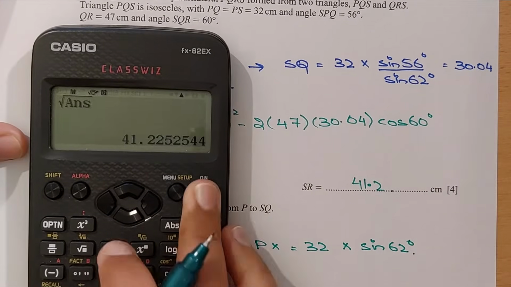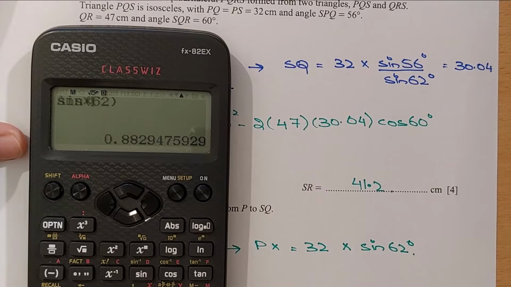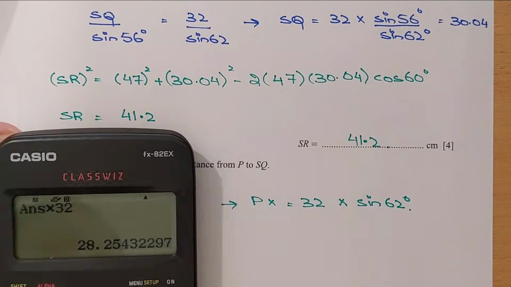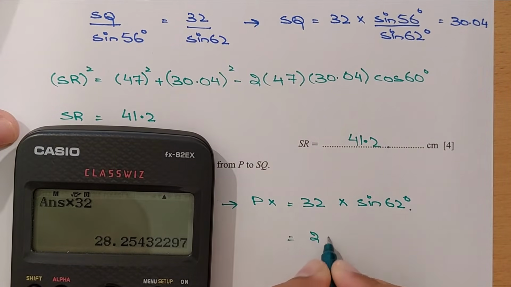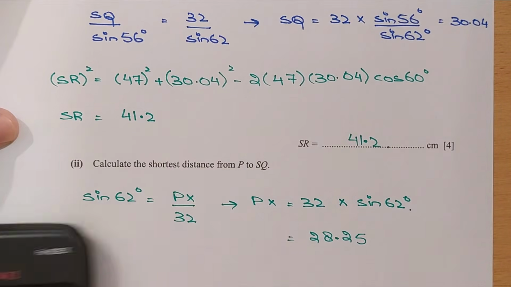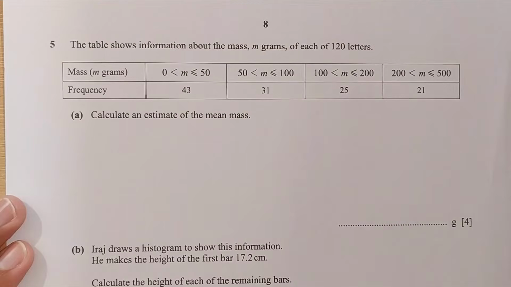So sine 62 and times 32, that is 28.25 centimeter, or when we round we have 28.3 centimeter. 28.3 centimeter is the shortest distance from P to SQ.